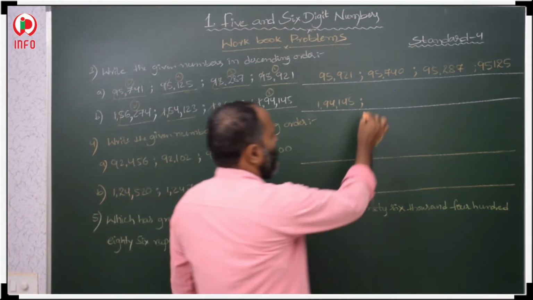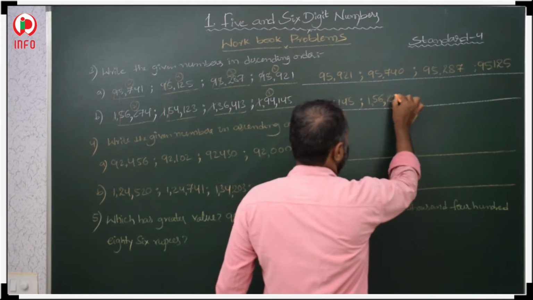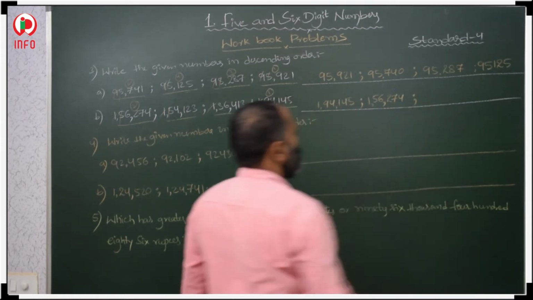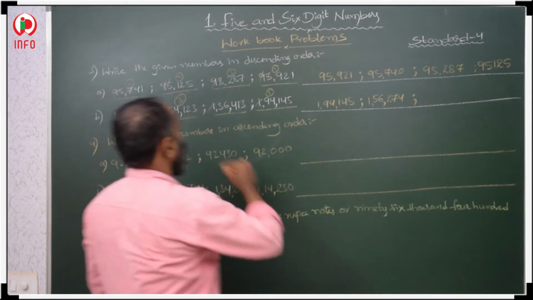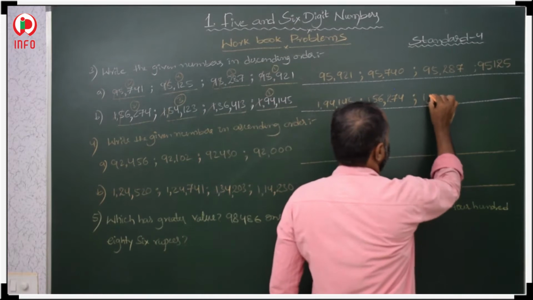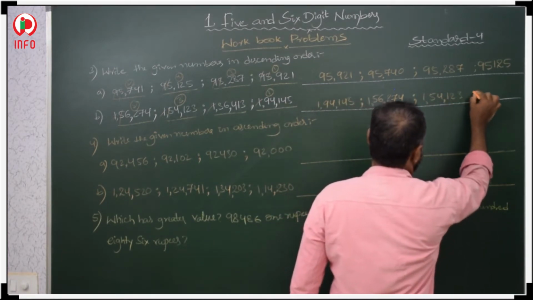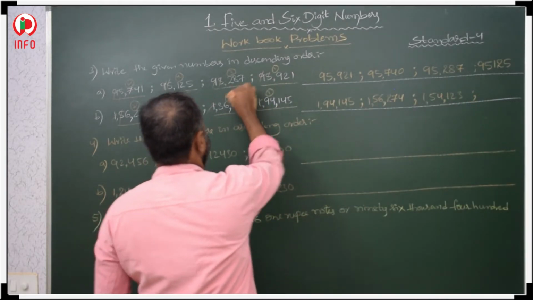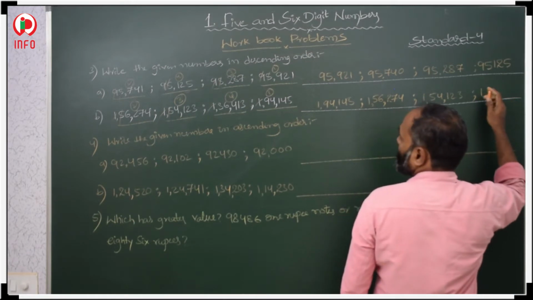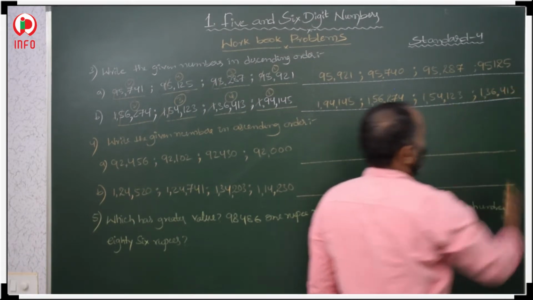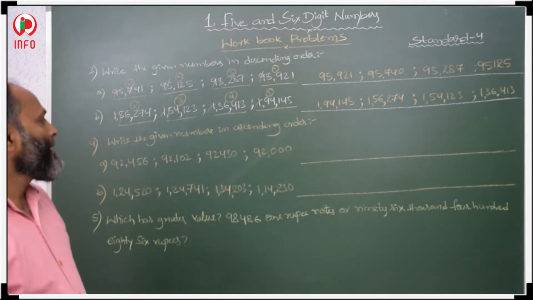So 1,56,274 we take second, and this is third, 1,54,123. And the last is this one, 1,36,413. In this way we have to arrange in descending order.